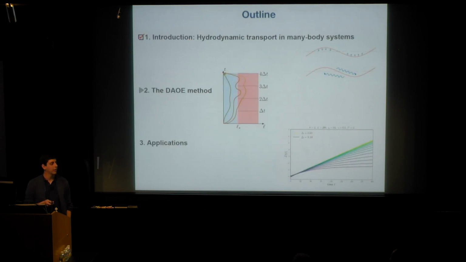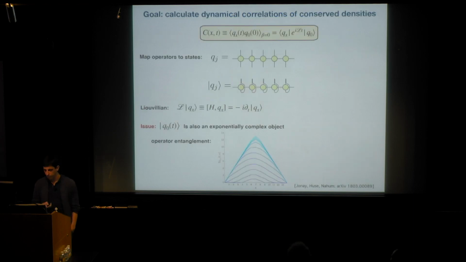Okay, if not, then what I'll do next is describe this method in some detail. So just to reiterate, we want to calculate this kind of unequal time correlation functions in equilibrium. And for now, I'm going to stick to infinite temperature. Later, I will go back to what happens at finite temperature, but it's a bit simpler to think about infinite temperature.